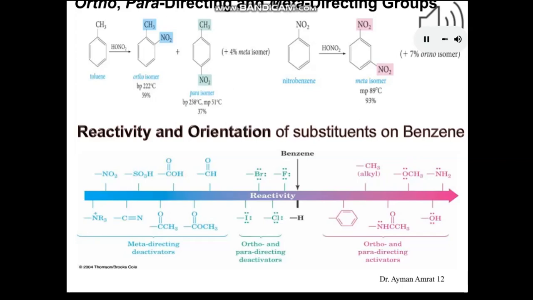All deactivators except halides are meta directors. Halides are deactivators, but the orientation is ortho and para director.